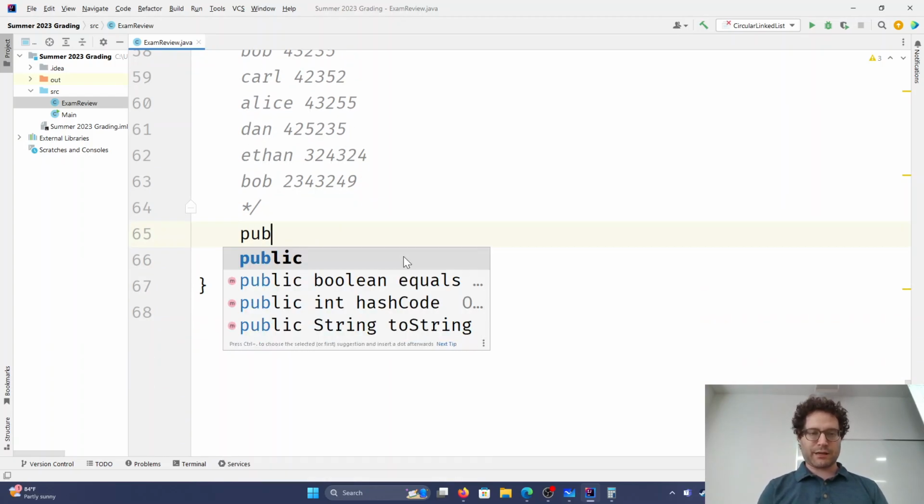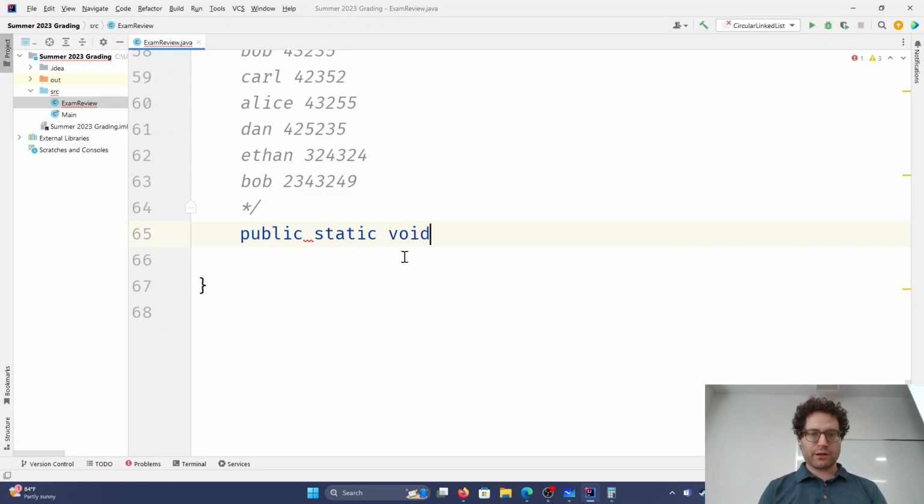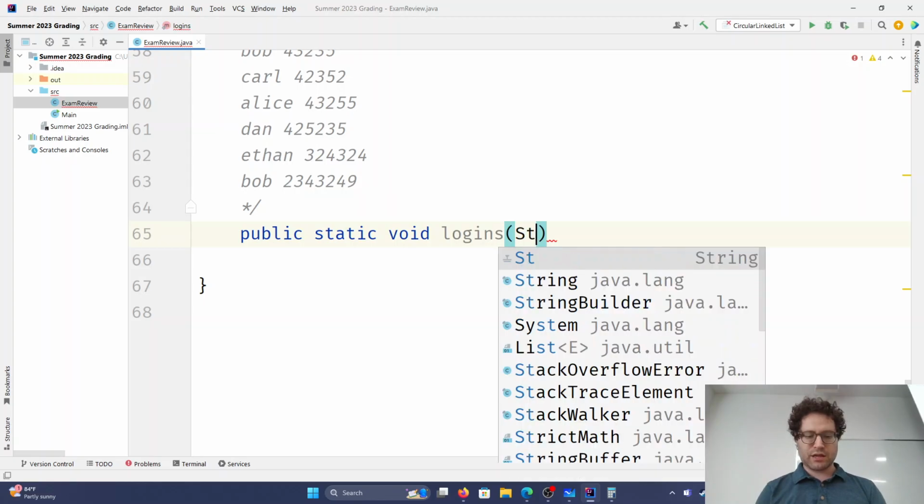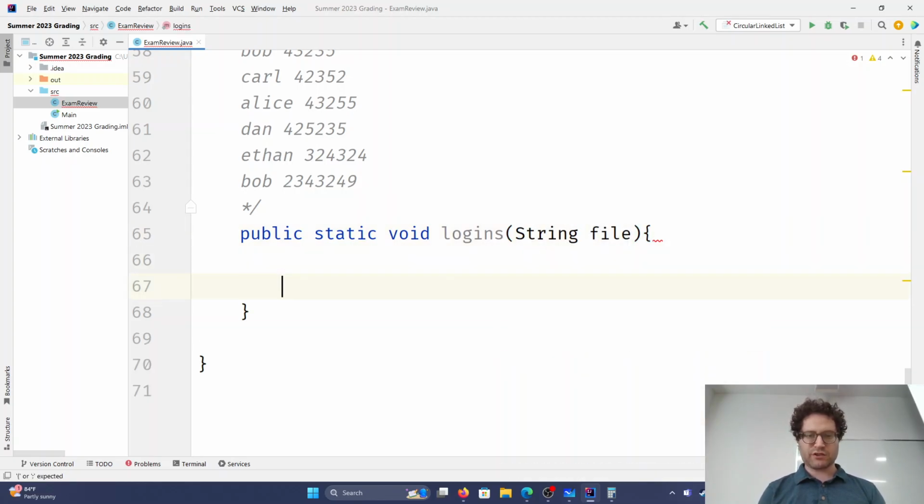Okay, so public static void, we're just going to print out the answers. Public static void logins, taking in a string file name. We'll just go ahead and read it, assuming we have it.